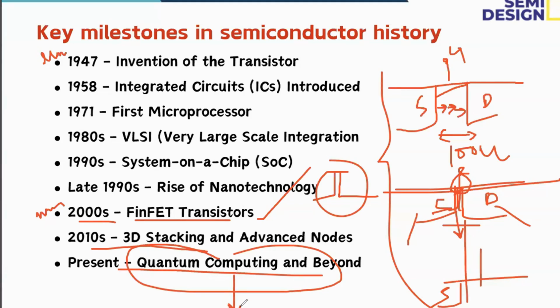Researchers have already introduced this technology, and many companies are currently working with quantum technology. There are so many things to learn in it, like how we store data in an electron and what quantum bits are.